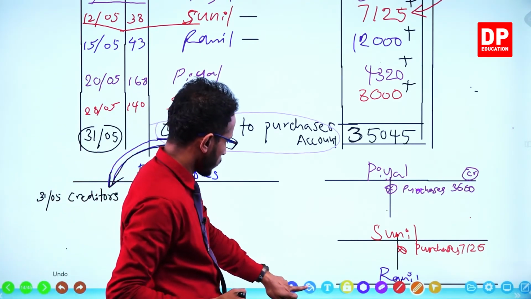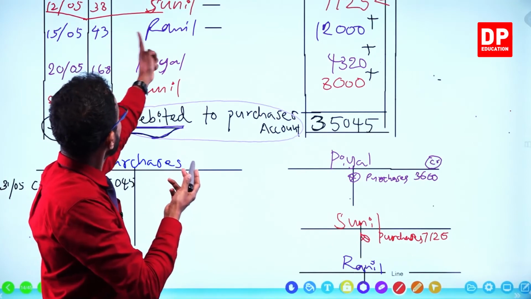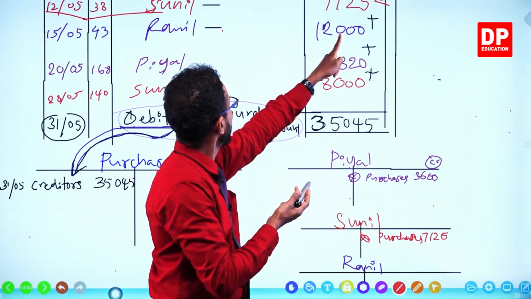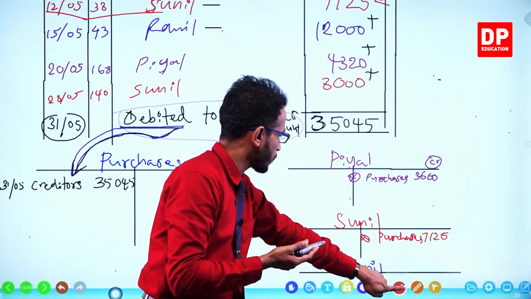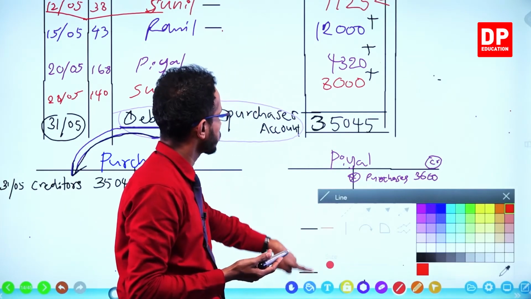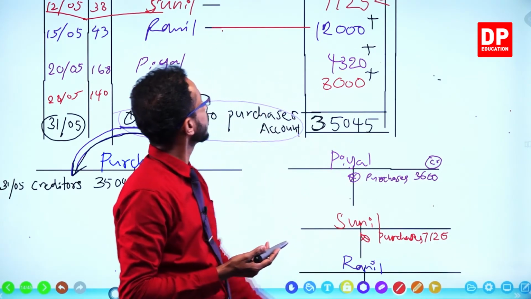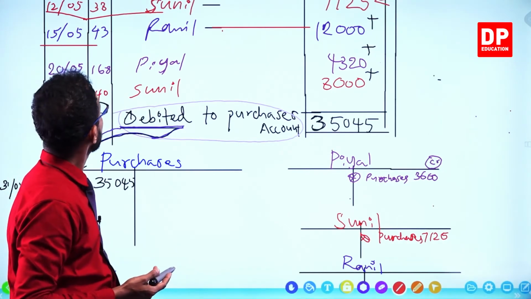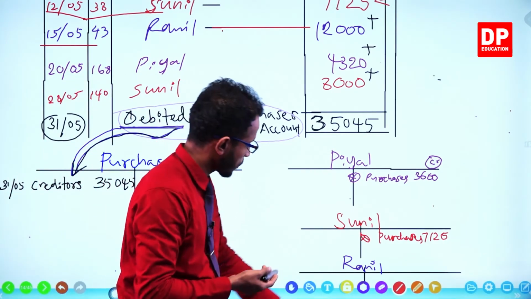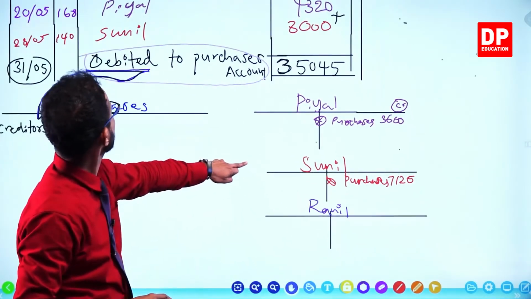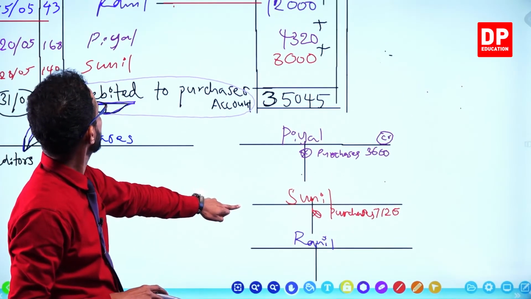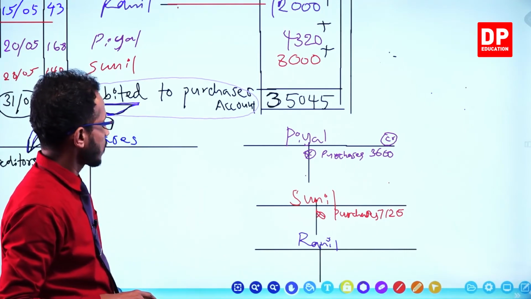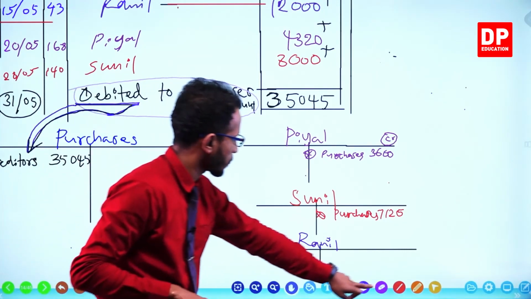Next, Ranil. Ranil, we have 12,000, right? 12,000 on this date. Let's record that. Where's Ranil's account? It's there.